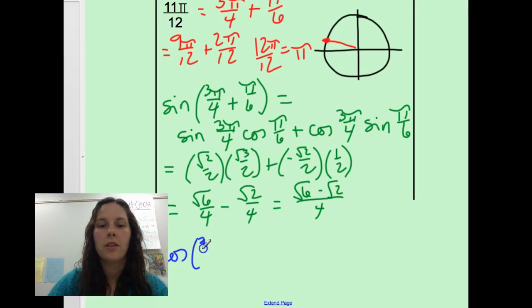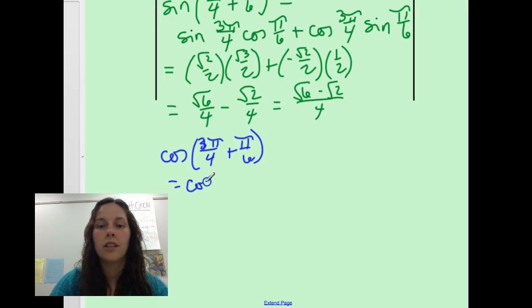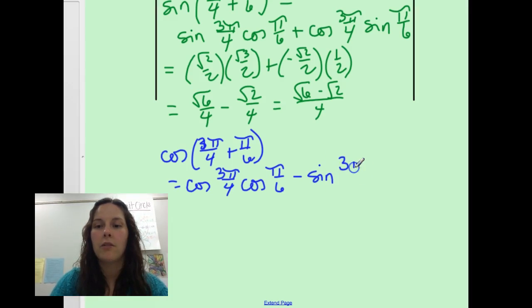Cosine of 3 pi over 4 plus pi over 6 would give us cosine of 3 pi over 4 times cosine of pi over 6 minus sine of 3 pi over 4 times sine of pi over 6.